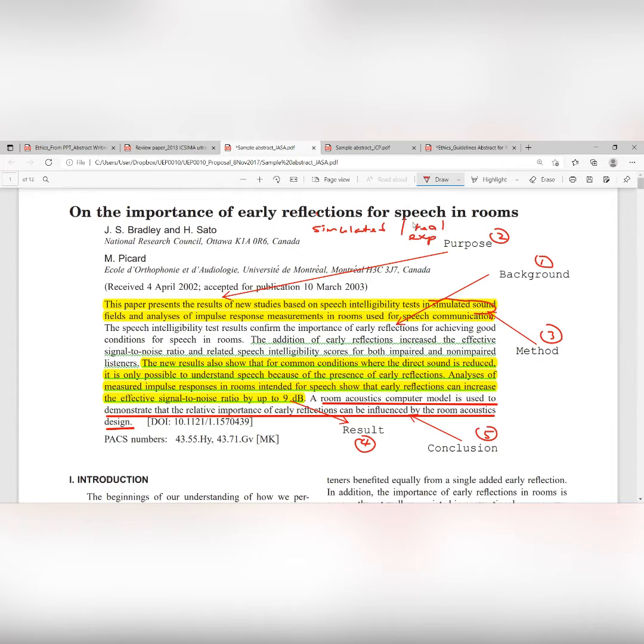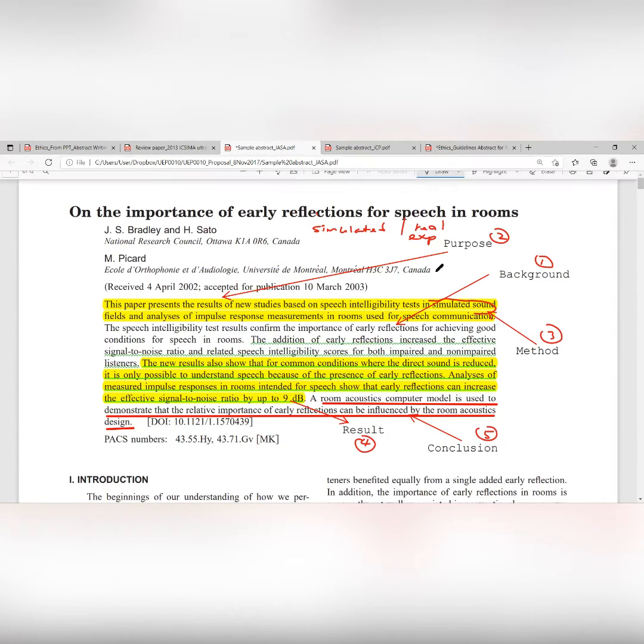If I am looking for a real experiment, I may skip this paper. But if you're working on signal processing or the method, how to digitize the data and so on, this paper may be of interest to you.